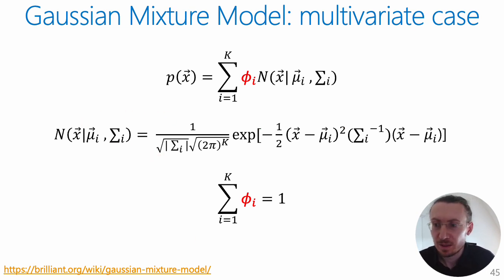Here we have the Gaussian parameterized by the mean vector, mu vector, and we replace the sigma, the standard deviation, with the covariance matrix expressed here as the sigma sub i. And again, we want to ensure that this mixture is parameterized by phi sub i, so we assign some weight to each component, each multivariate Gaussian in this case, and these weights, phi sub i, have to add up to 1.